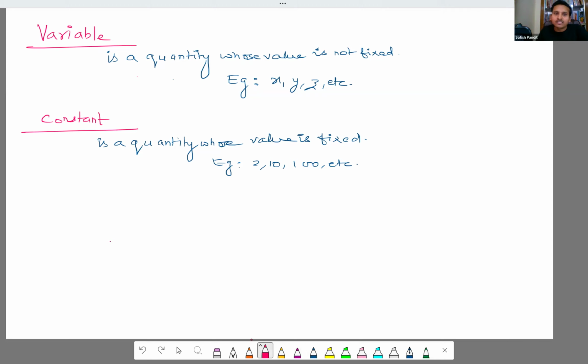So next we have something called an algebraic expression.